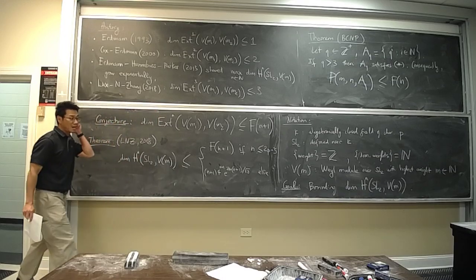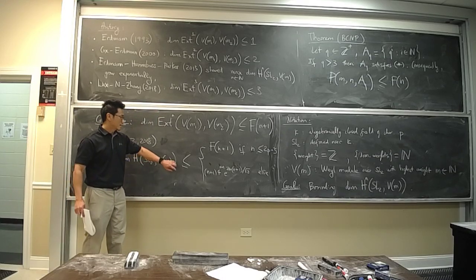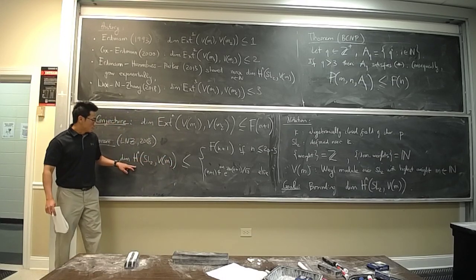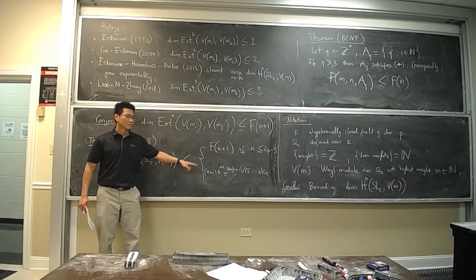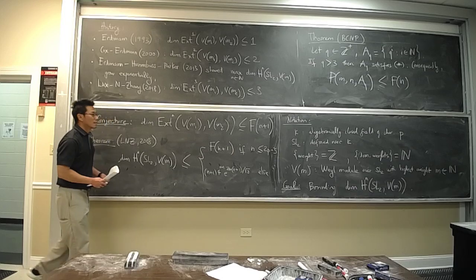So basically we were not able to prove the cohomology dimension is bounded by the f sub n plus 1 in all cases.